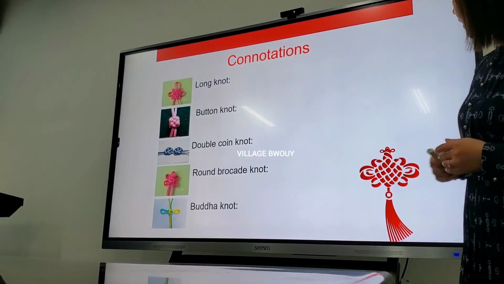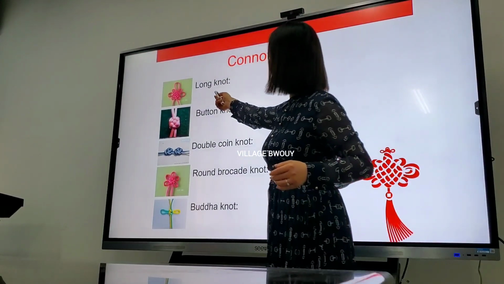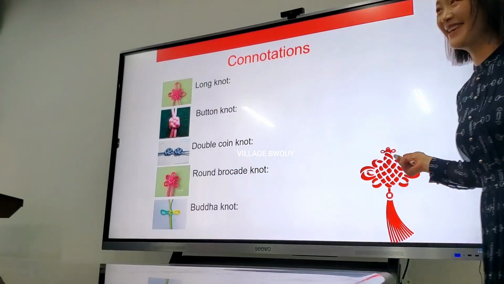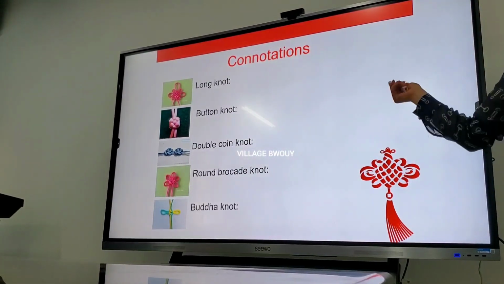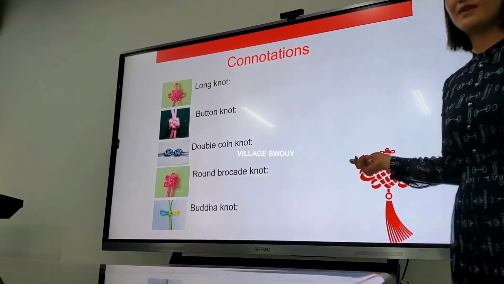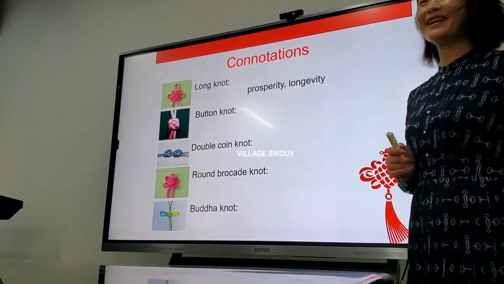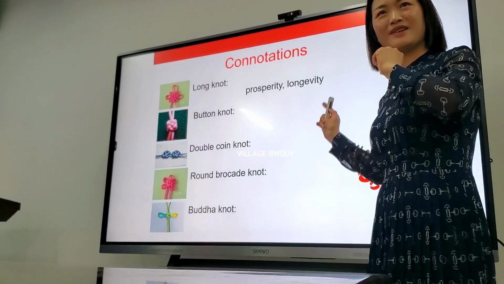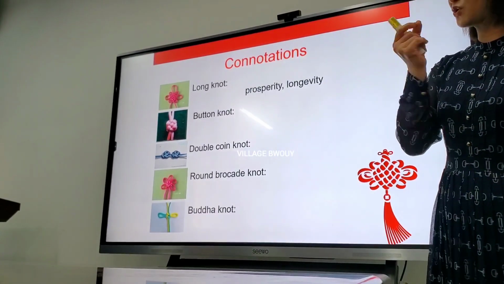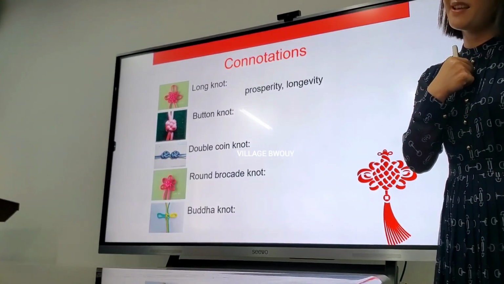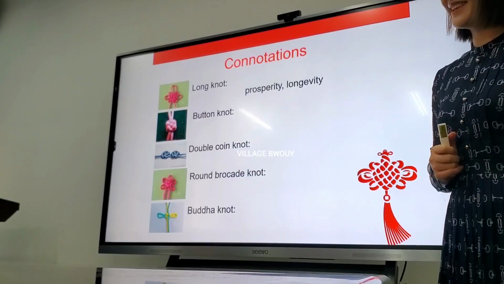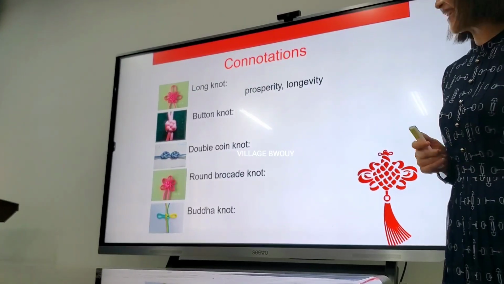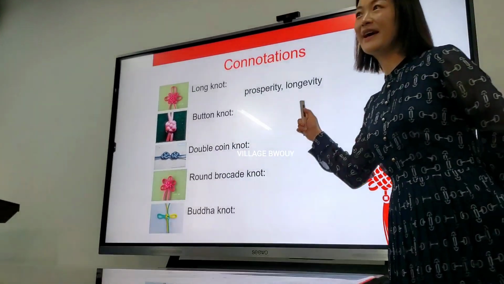Let's try to look at the basic ones, like the long knot. Just like we said, what does it mean? Longevity, prosperity, right? And the button knot. Can you try to guess the meaning of the button knot? It is used for our dress or coat, so try to guess the meaning it implies.